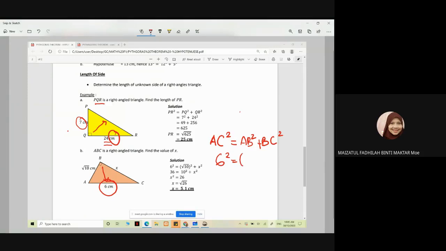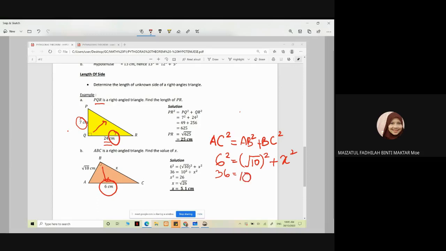You just write down the square root of 10 with the power of 2 outside, plus BC, which equals x square. So 6 square, you will get 36, equals the square root of 10 to the power of 2.